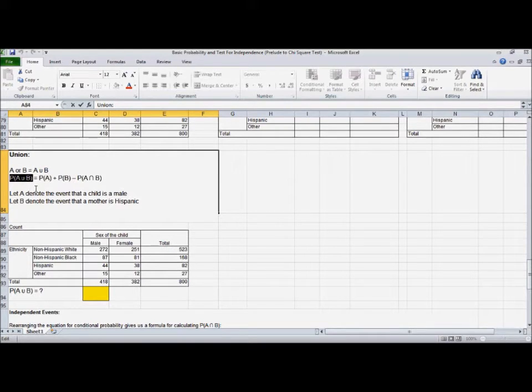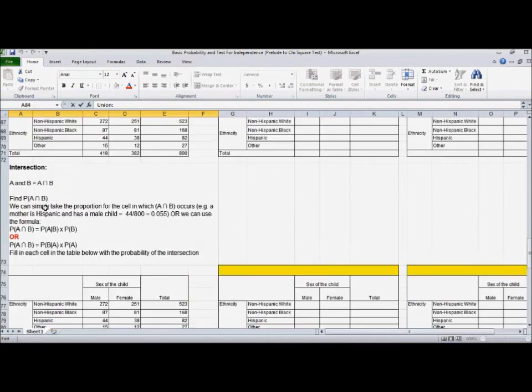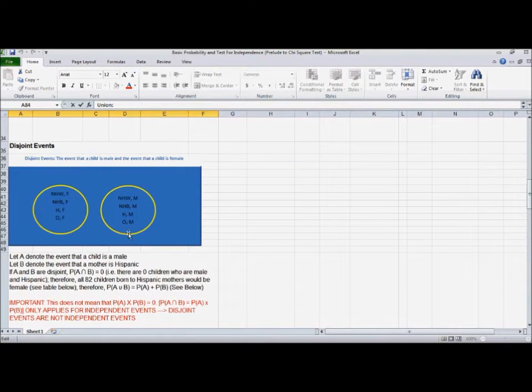You should know that the probability of A or B equals the probability of A plus the probability of B minus the probability of A and B. So if we were to look at this Venn diagram, we have, like I said, the probability that a child is male, denoted by A, and female by B. So the probability of A is this entire circle. The probability of B is this entire circle. So the probability of A or B would be A plus B.